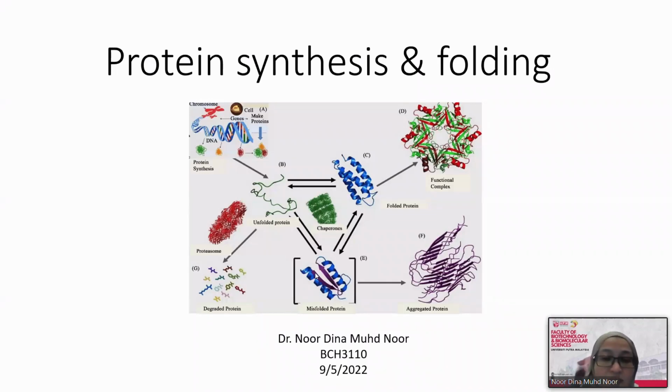And in another case, if the misfolded protein is not successfully refolded by using the chaperones or other types of methods, then the misfolded protein might end up as aggregated protein, which is not active, which is not functional, right? Not fully functional.